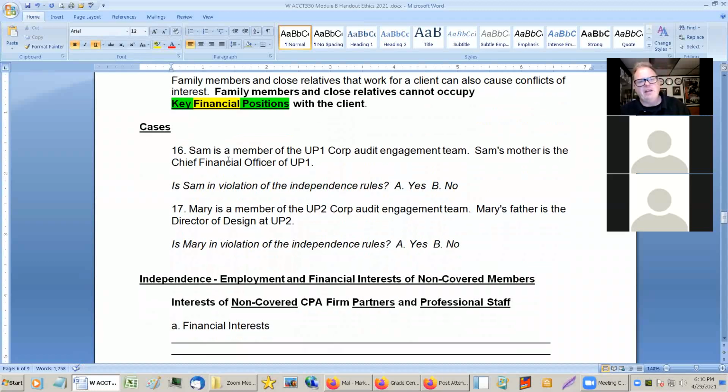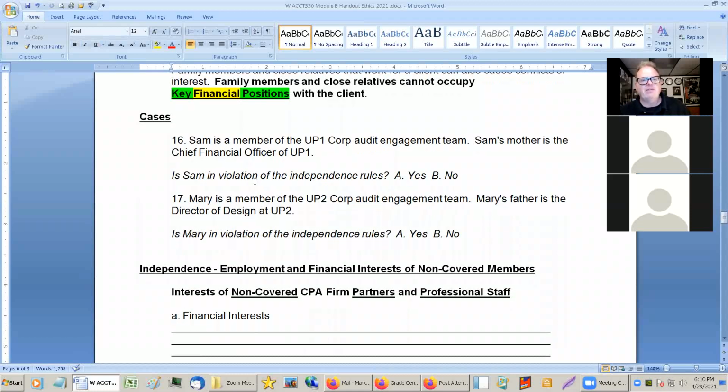Sam is a member of the Up One Corp audit engagement team. Sam's mother is the chief financial officer of Up One. Is Sam in violation of the independence rules? Yes. Again, these can be somewhat controversial.